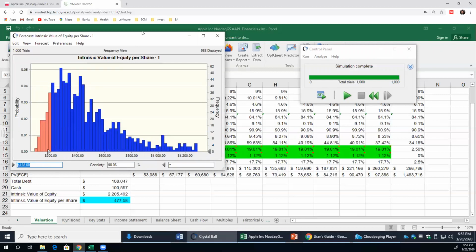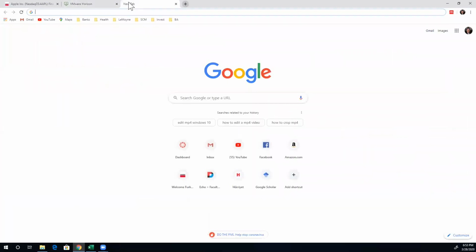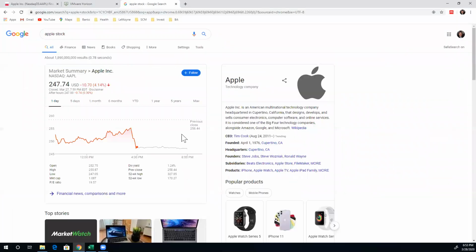Let's take a look now. Like Warren says, first calculate intrinsic value, then look at the stock price. Apple's stock price is currently $247, although this number decreased from $324, and it went down to 224, the lowest. Is it a good buy?